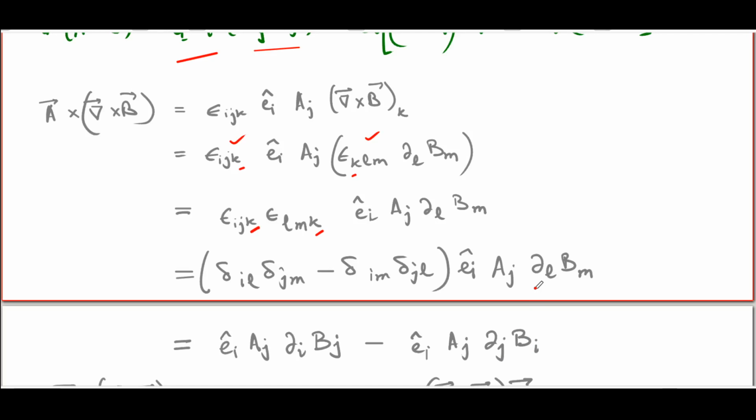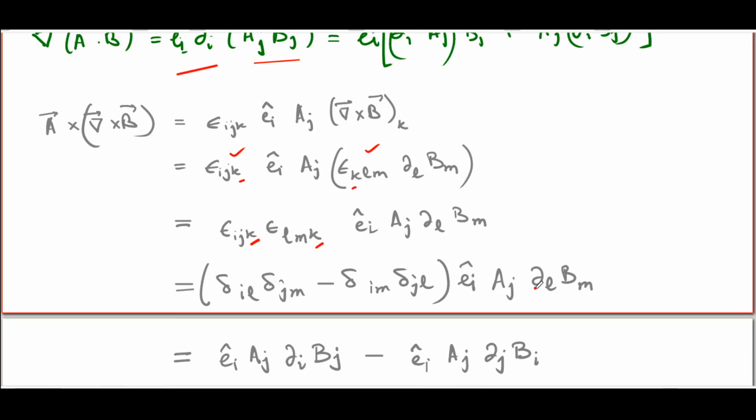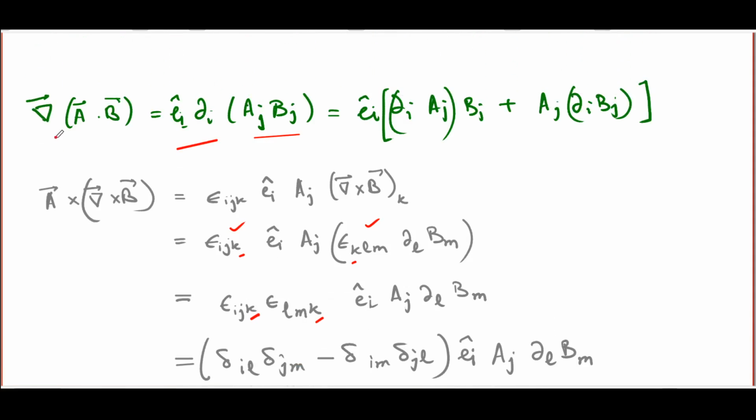Now, this should begin to look like a rather nice thing because remember, in our expression for divergence of A dot B, we did have EI del I AJ BJ and EI AJ del I BJ.